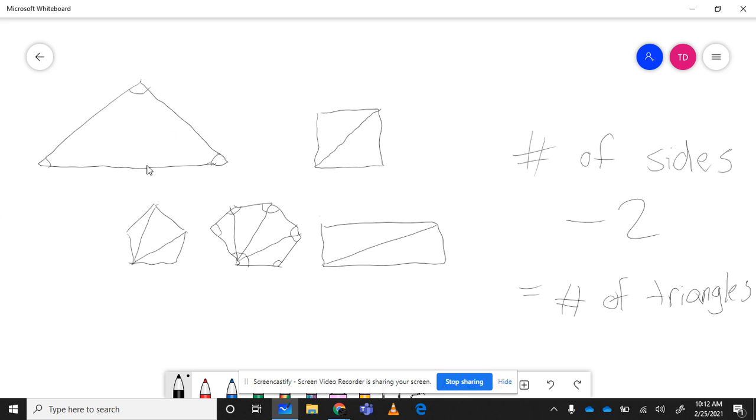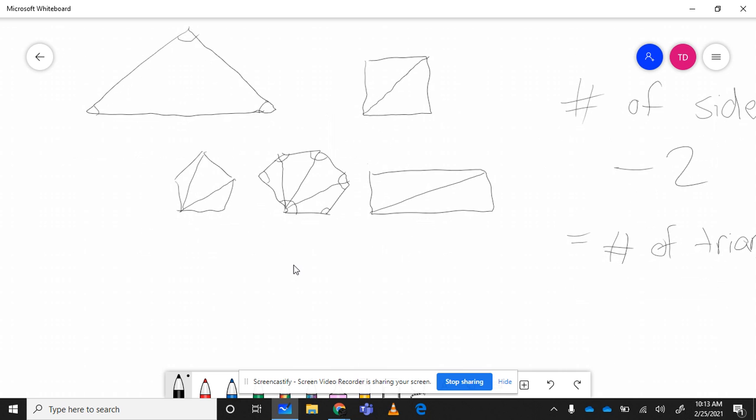Okay, so let's start with this one. If you have 3 sides, you take away 2, you make one triangle. If you have a square, you've got 4 sides, you take away 2, you can make 2 triangles. You have a 5-sided shape, you can make 3. You have a 6-sided shape, you can make 4, and that just goes on as big as you want.